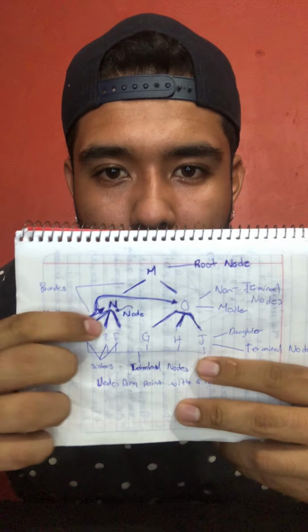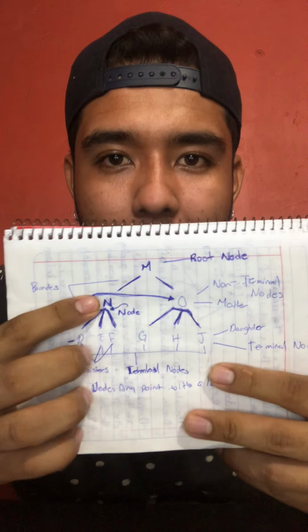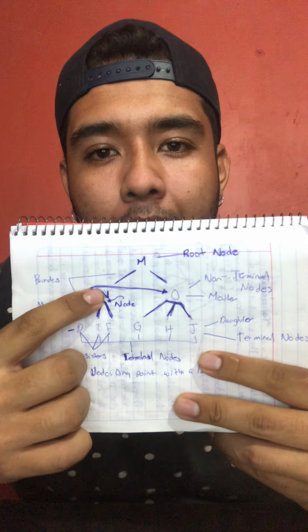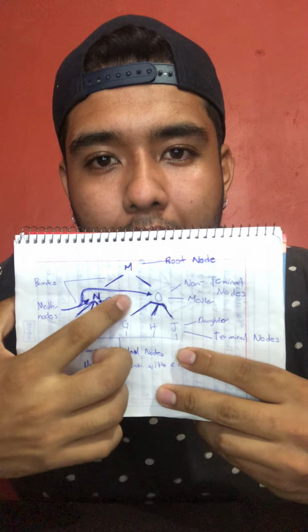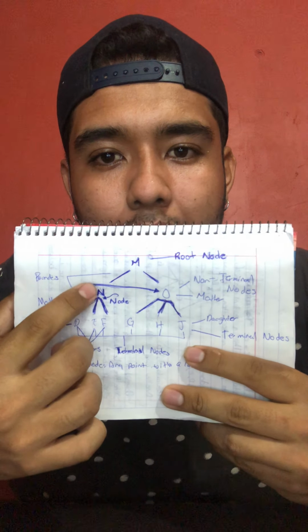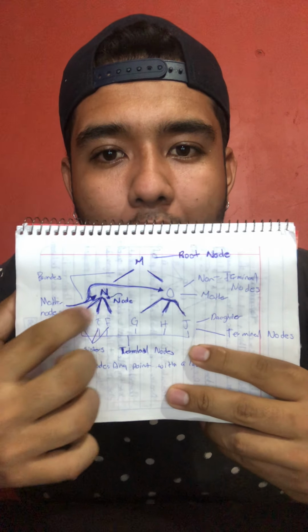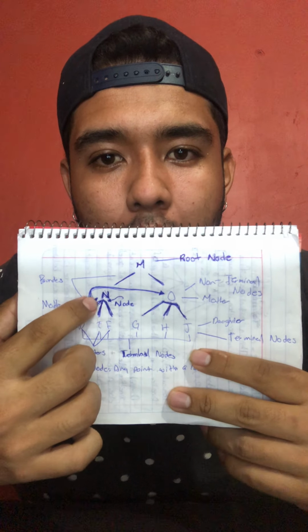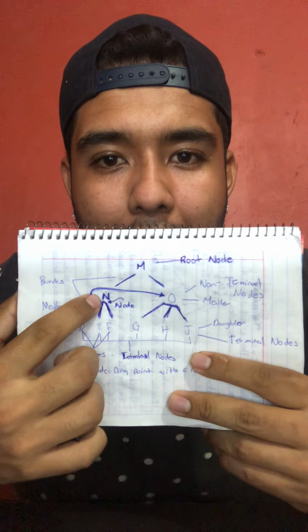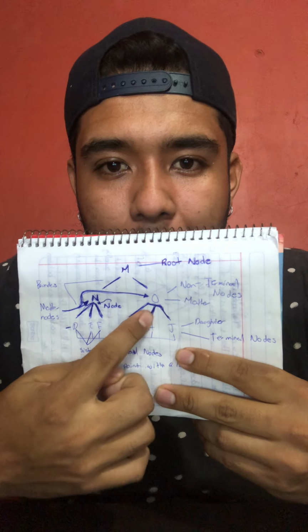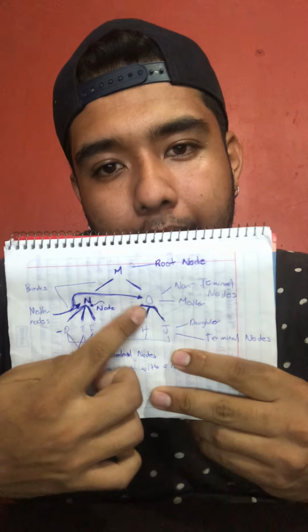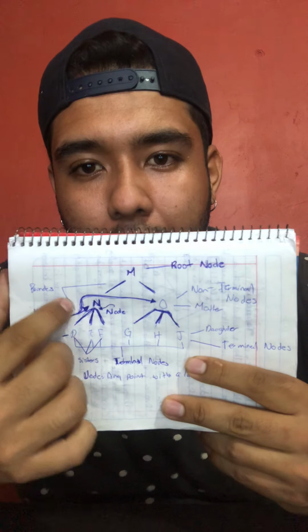We can't say they are sister-precedes because they have a set of words below them. The letter N and the letter O both have a set of words.